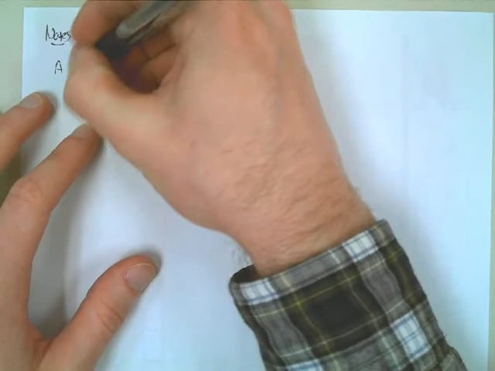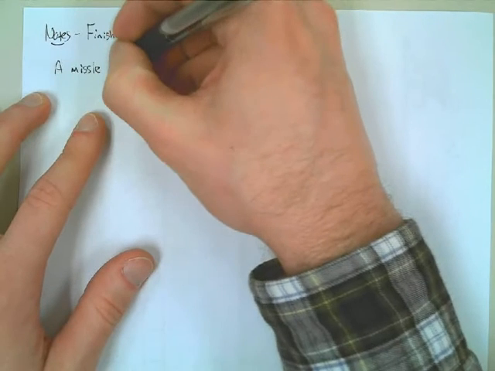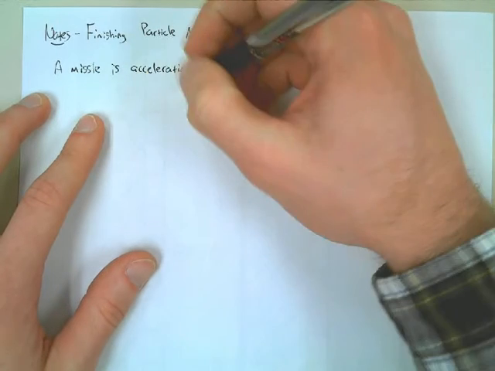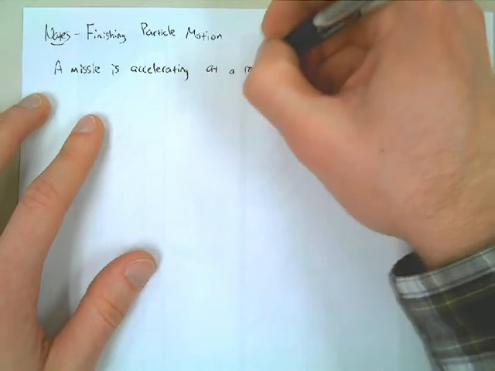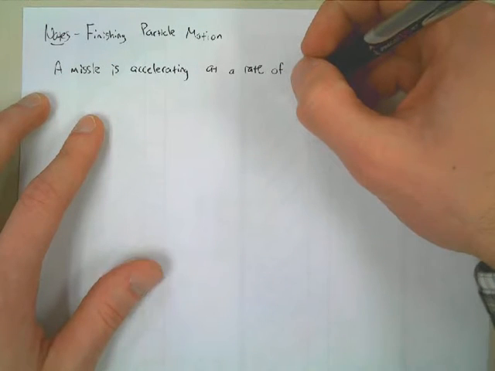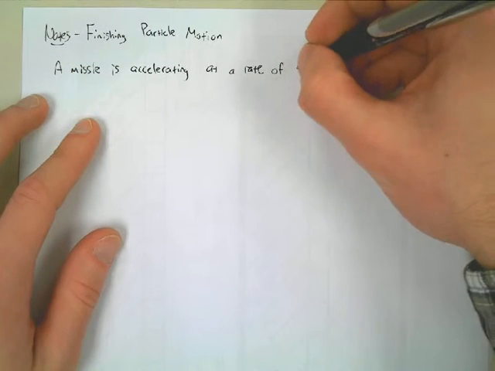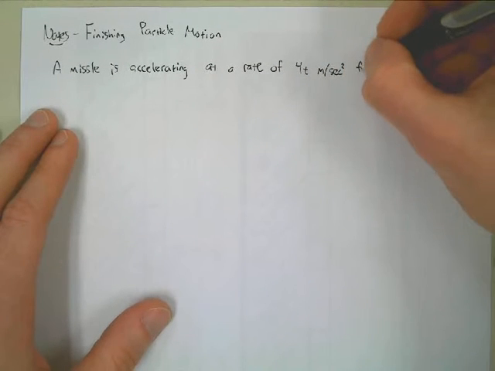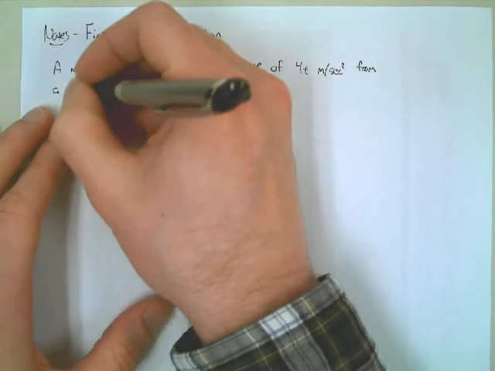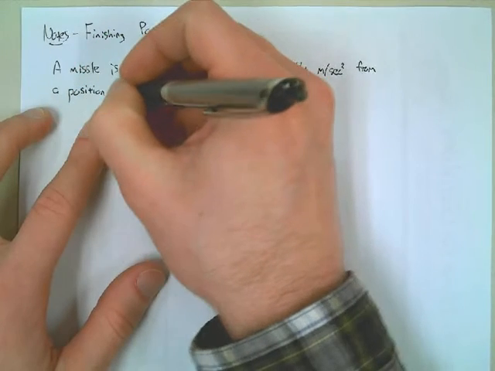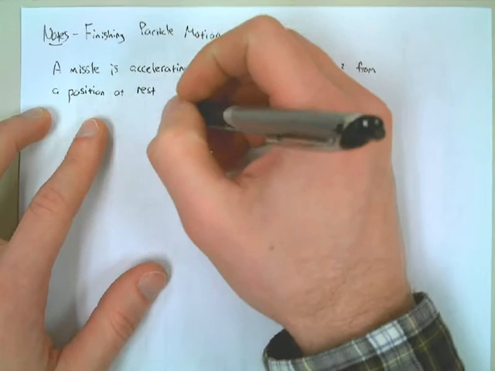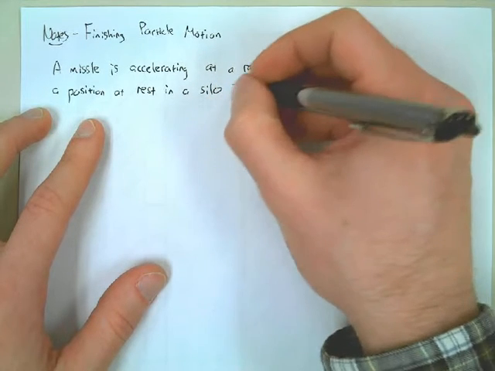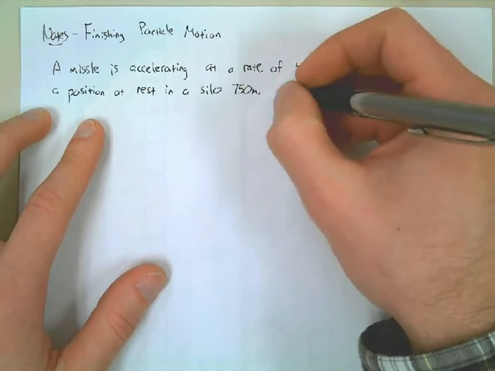All right, a missile is accelerating at a rate of 4t meters per second squared, from a position at rest in a silo 750 meters below ground.